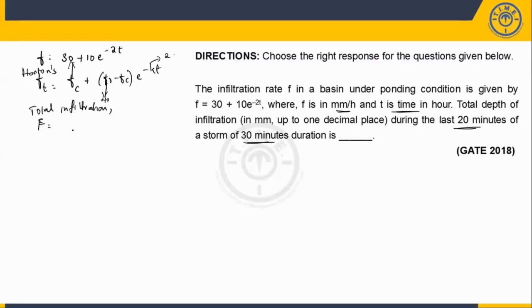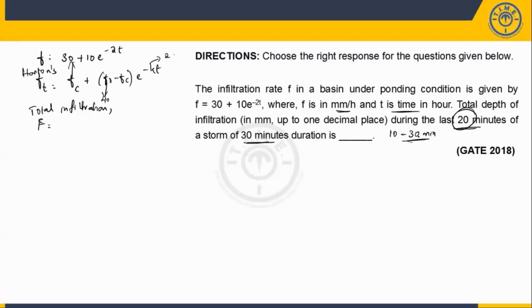Total infiltration is denoted with capital F. But what is asked? Total depth of infiltration during what time? Last 20 minutes of a 30-minute storm. That is, we require it from 10 minutes to 30 minutes.